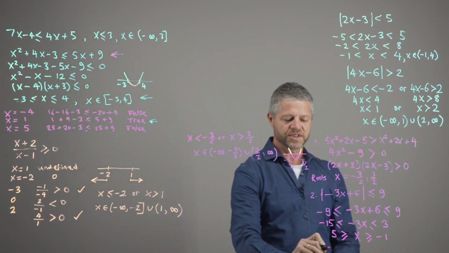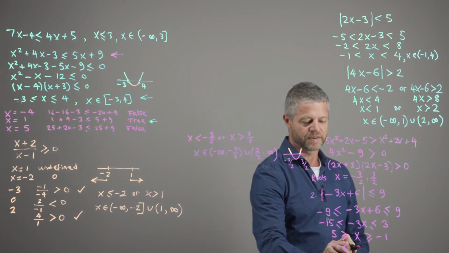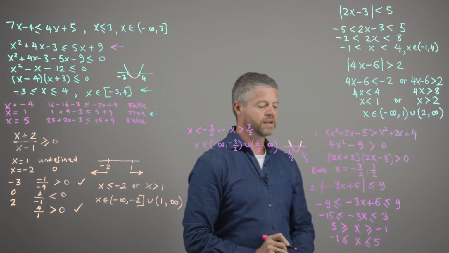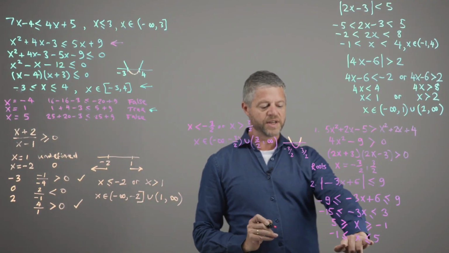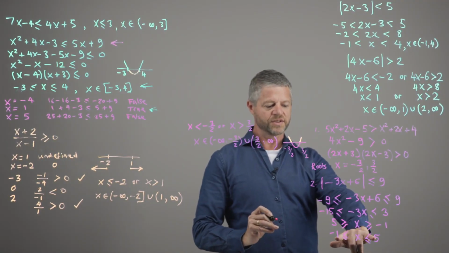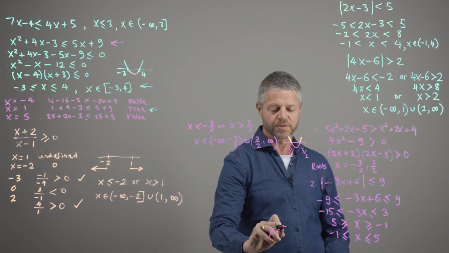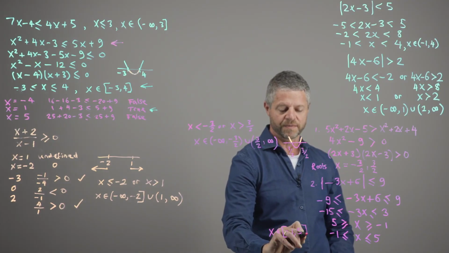And then I'll just switch this around so it's in the conventional direction. So x in between minus 1 and 5, including both endpoints. So in interval notation, that would be x is in the interval between minus 1 and plus 5.